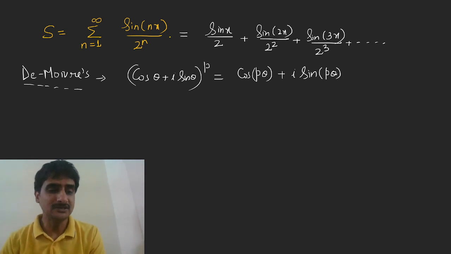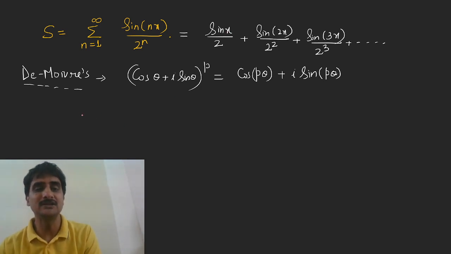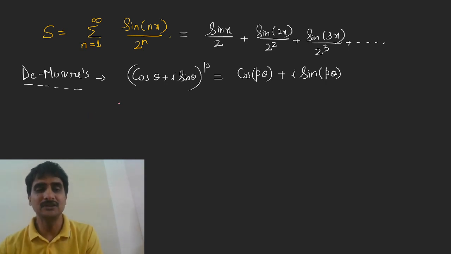So as soon as this question came, one thing struck my mind: de Moivre's theorem. Now the point is, what shall I assume, what to start with? Let us start with the summation of cos x plus iota sin x by 2, whole raised to the power n, where n goes from 1 to infinity.